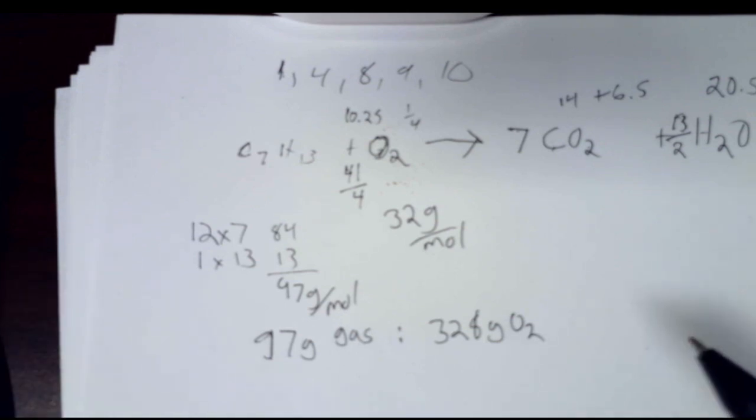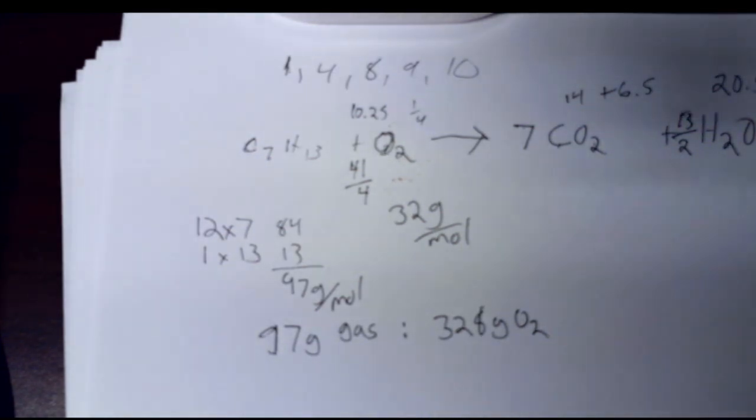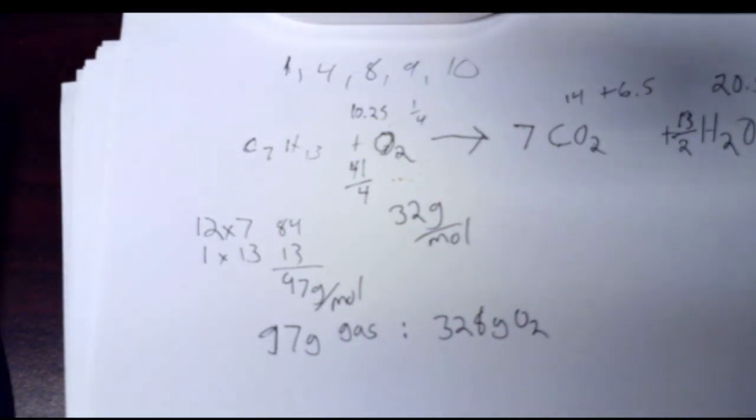We could do that as a mass percent. But it specifically, and this is what tricked me at first, asked for a ratio of air. And that air is not 100% oxygen. It's like 20.9% oxygen, or 20.1% oxygen.